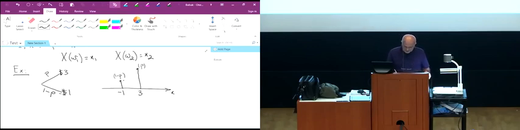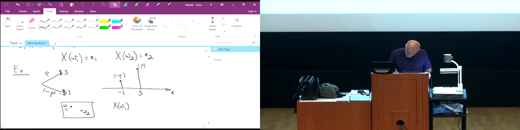So in this case, my outcomes in the sample space are only 2, omega 1 and omega 2. Let's label them plus and minus for profit and loss. x of omega plus is simply 3, and x of omega minus is -1.